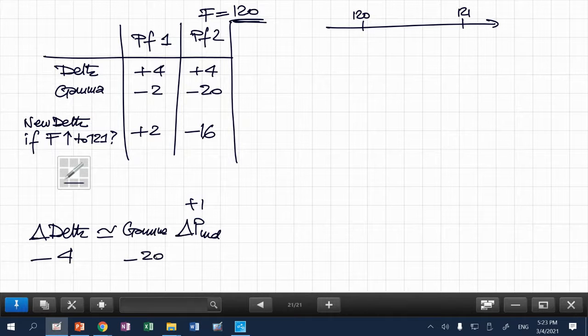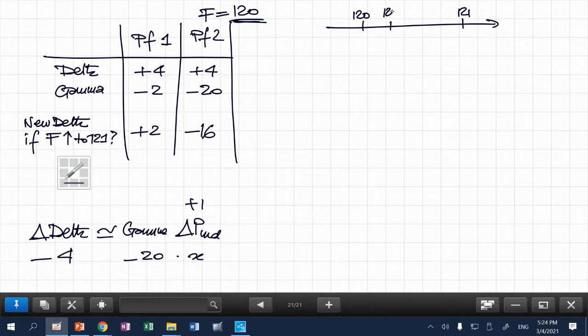You have a gamma of -20, and your unknown is x, which is the change in the price of the underlying, such as to produce a change in delta of -4. Which is the solution? It is 0.20.